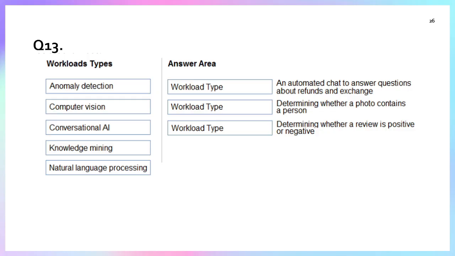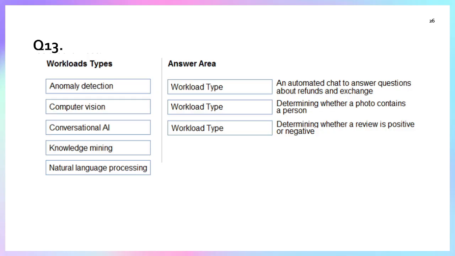No, anomaly detection is used for behavior. Computer vision is used to view something and detect objects, whereas conversational AI is used for conversation between users, which is related to question answering. So yes, conversational AI matches the first statement.